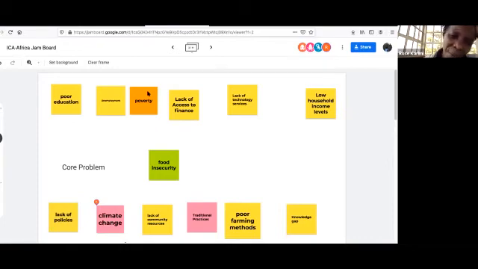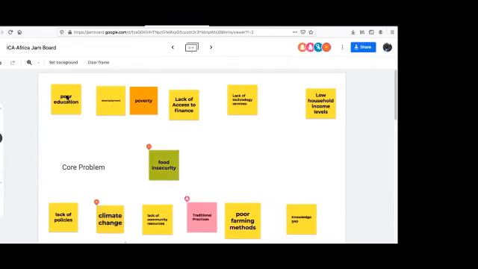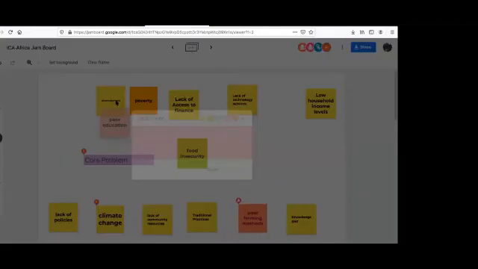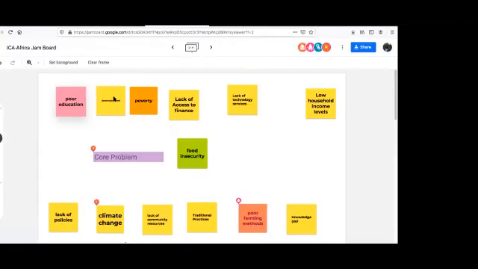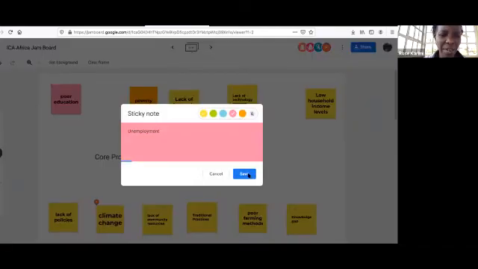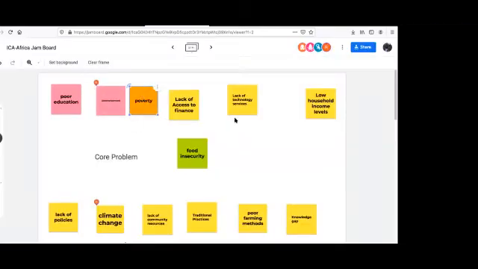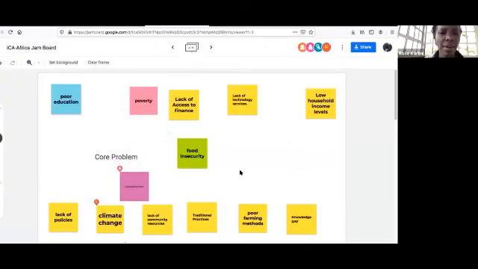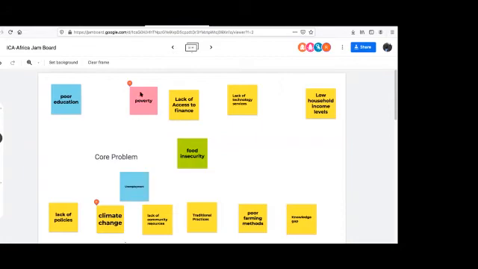Unemployment, should we have it as an effect or as a cause? An effect. A cause. How does that become a cause, doctor? How does unemployment cause food insecurity? Can someone put me to speed? I'm lost there.